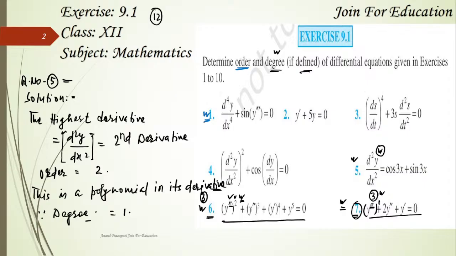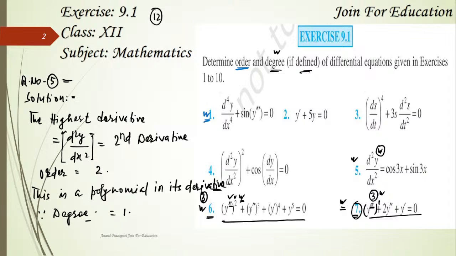Once again, I am going to repeat. Order means the highest derivative of a differential equation. For degree, first of all we check whether the given differential equation is a polynomial or not.